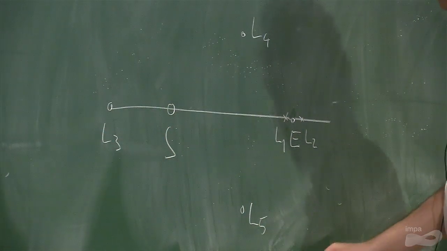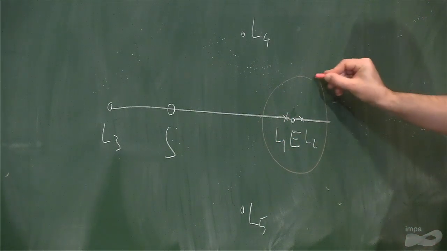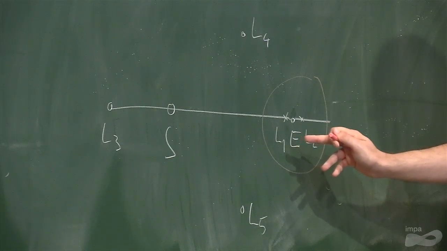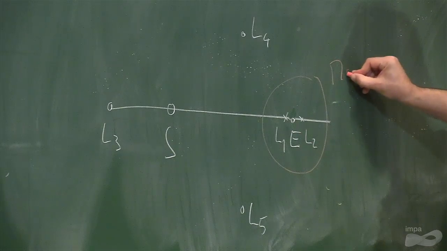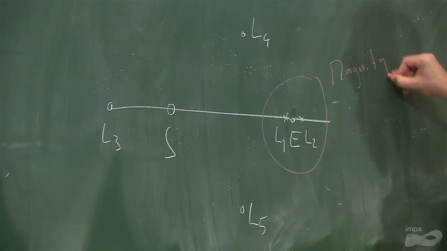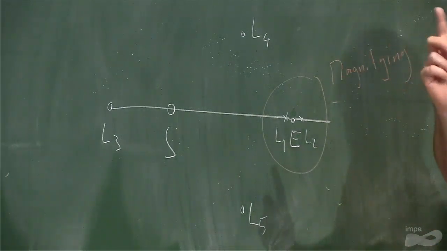And what do we do? You recall we look at this region with the magnifying glass. Here we do the magnifying. So we will actually see two critical points.